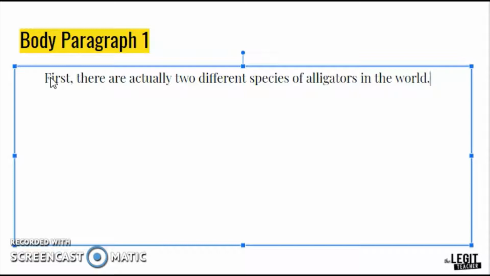My next step would be to write 3 or 4 sentences about A, which is the American alligator. So let's write these.